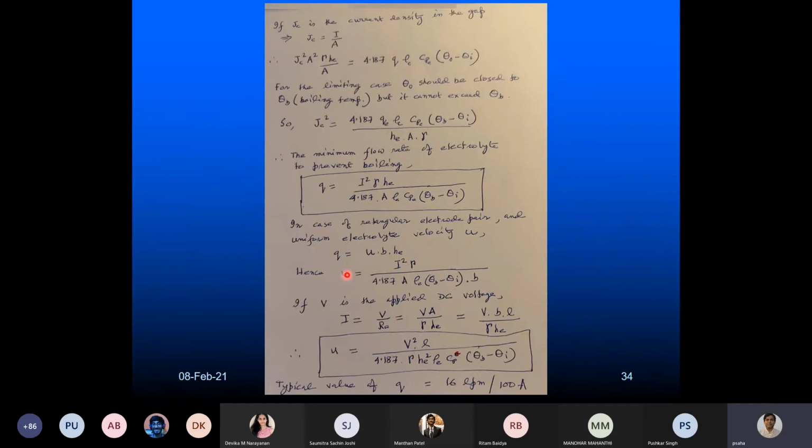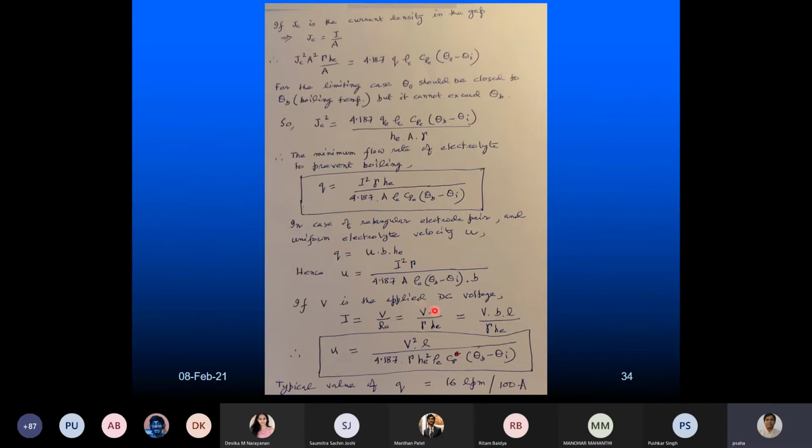So U will be I square into gamma into 4.187 into A into rho into Cp into theta B minus theta Y into B. Now if V is the applied voltage in the circuit, we can easily find out I. If we neglect the overvoltages at the electrodes, I is V divided by Re, that is the value of current.